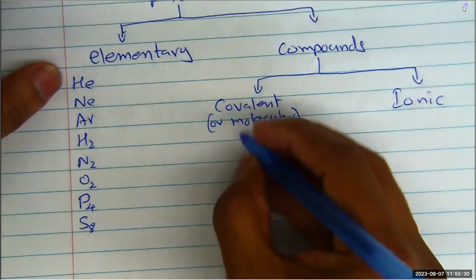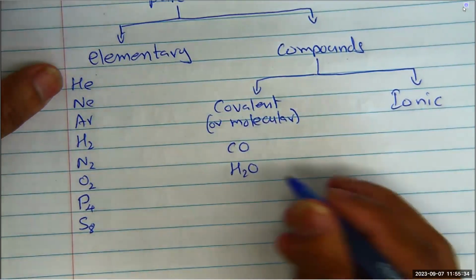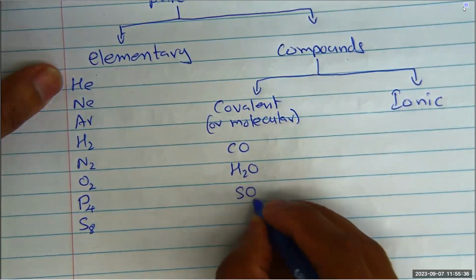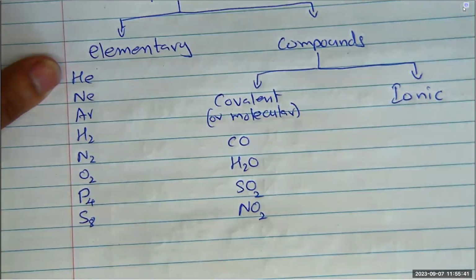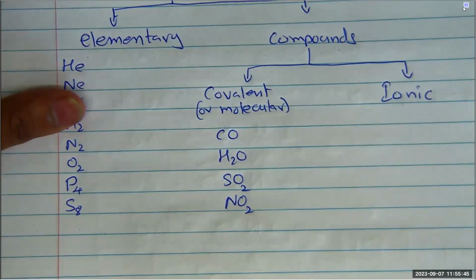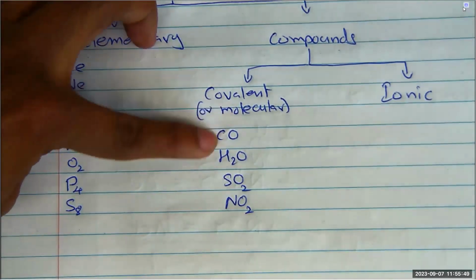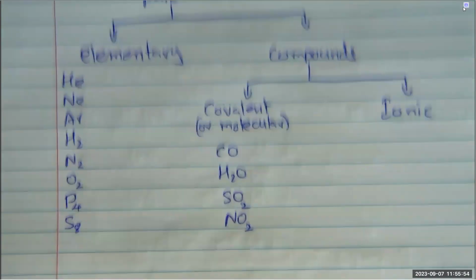For example, carbon monoxide, water, sulfur dioxide, and NO2. You see you have more than one type of atom bound to each other. That gives rise to a compound, and these are covalent compounds because they are made of only non-metallic elements.